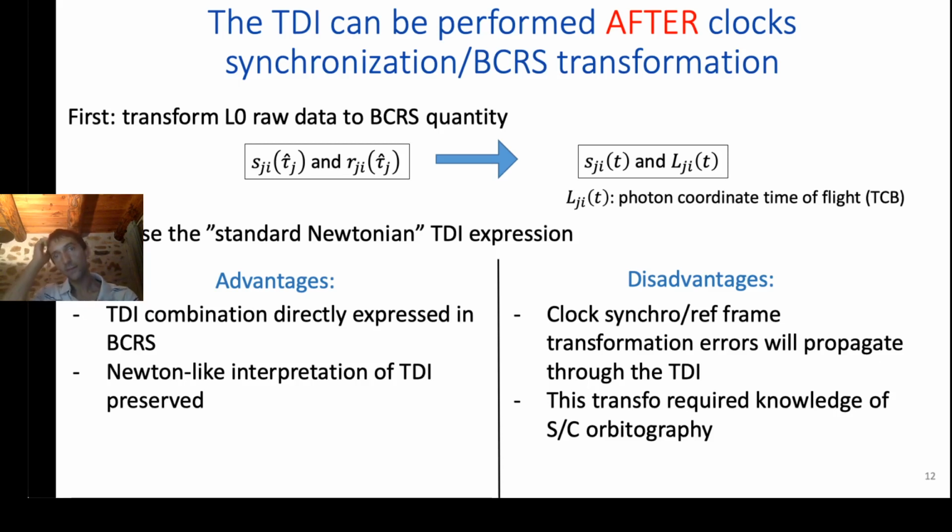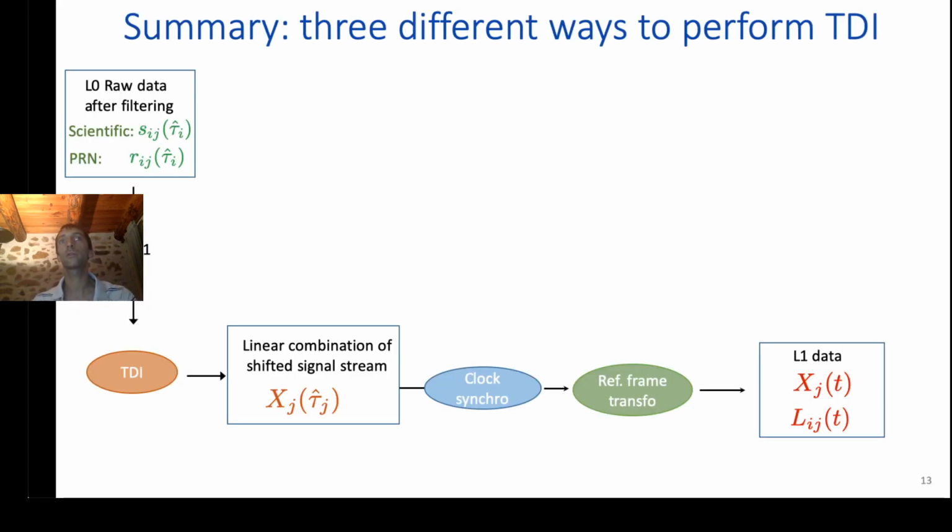So just to summarize, I have discussed two cases, one where you perform the TDI before the clock synchronization and the BCRS transformation, and one where I'm performing the TDI after. There are actually three cases, so let's come back to the three cases. You start here from the L0 raw data, again a simplified version, which includes only the interferometric measurements and the pseudo-range measurements.